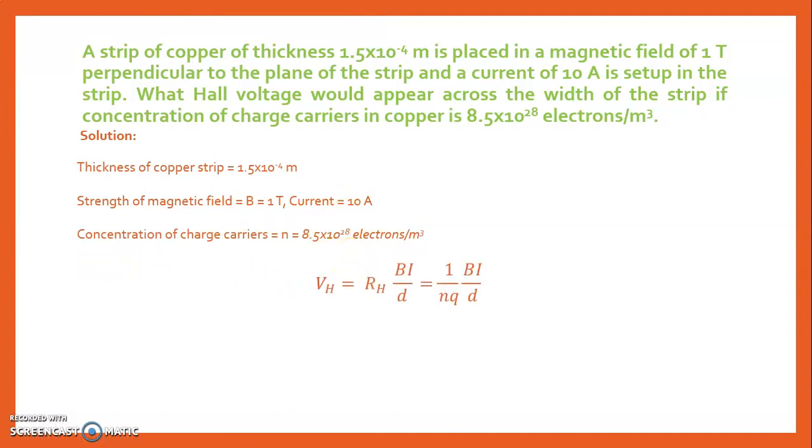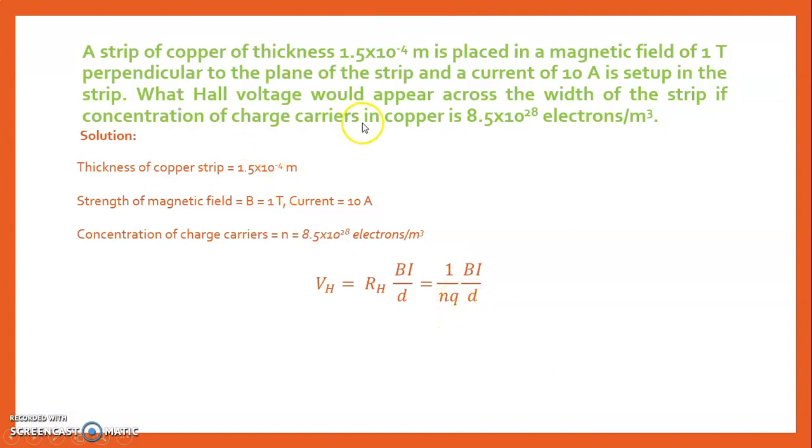Then we know the formula of Hall voltage, which is V suffix H equal to R suffix H into B I upon D. We can write R suffix H in a different form, which is 1 upon N Q or 1 upon N E. Why are we writing it in the 1 upon NQ form?